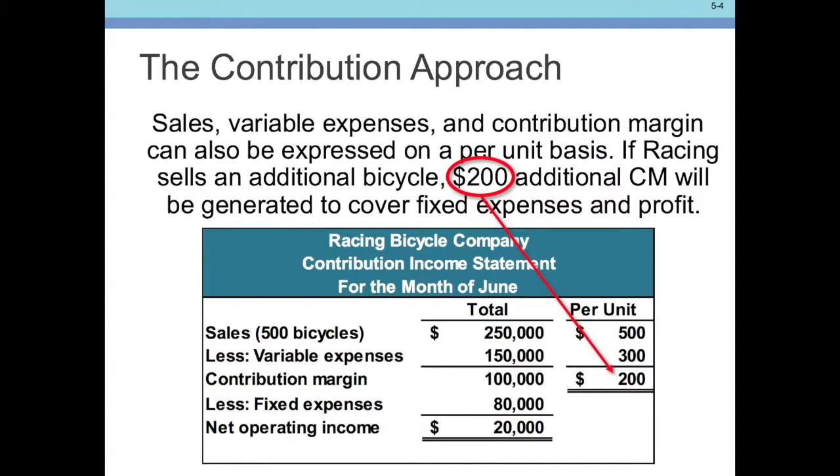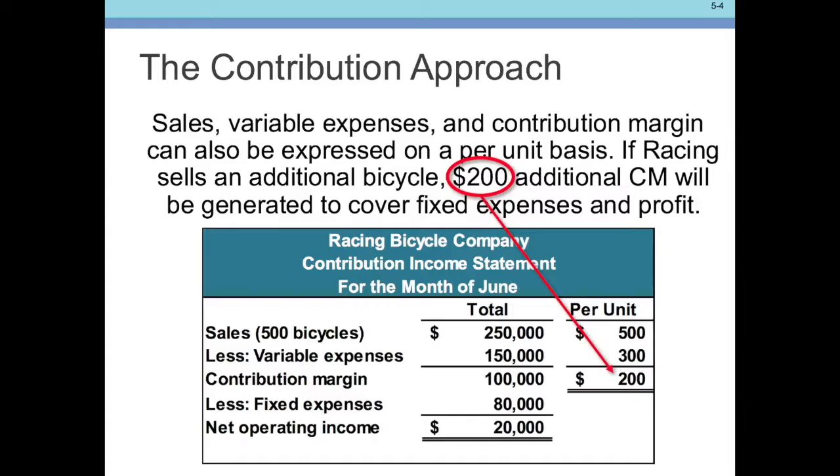So let's look at that here. The contribution approach: sales, variable expenses, and contribution margin are expressed on a per unit basis. If Racing sells an additional bicycle, $200 additional contribution margin will be generated to cover fixed expenses and profit.